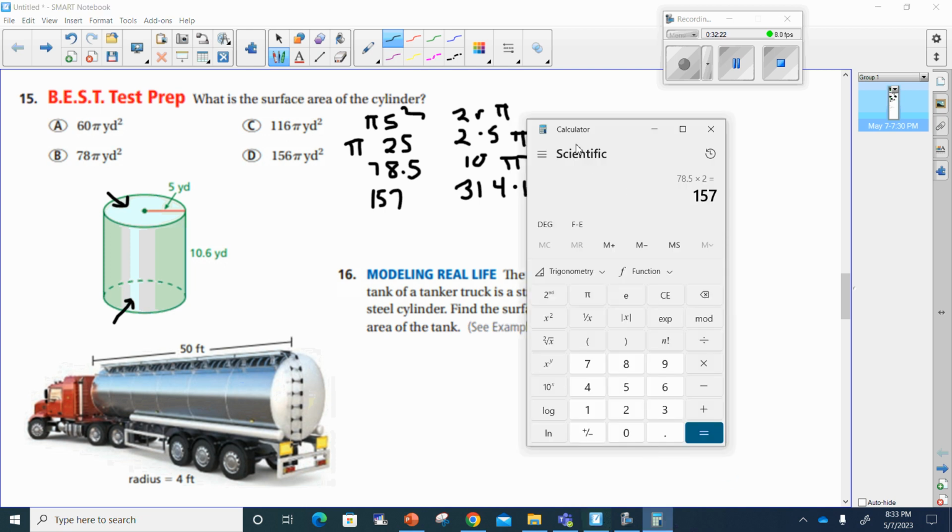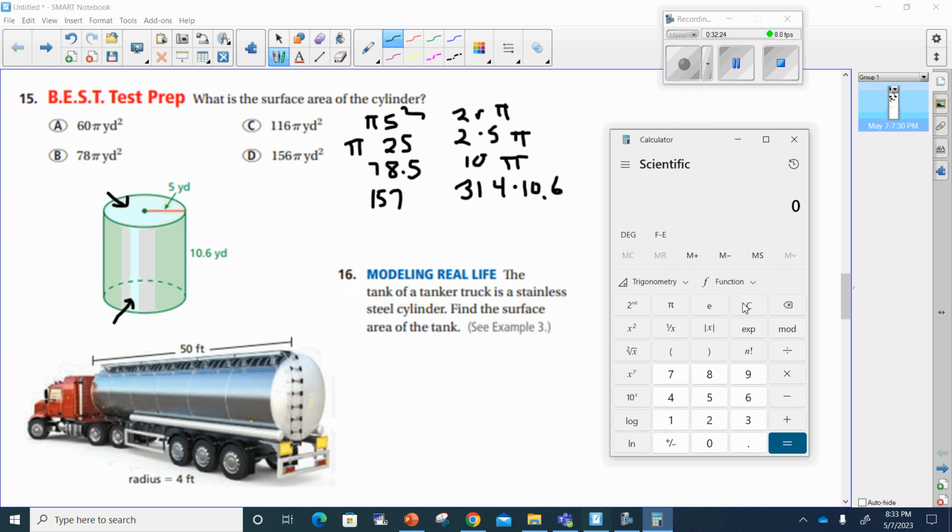So now I'm going to take 31.4 times 10.6.